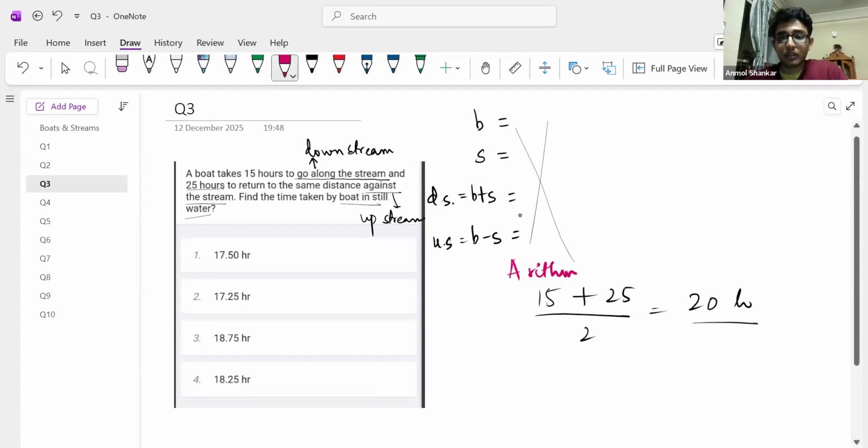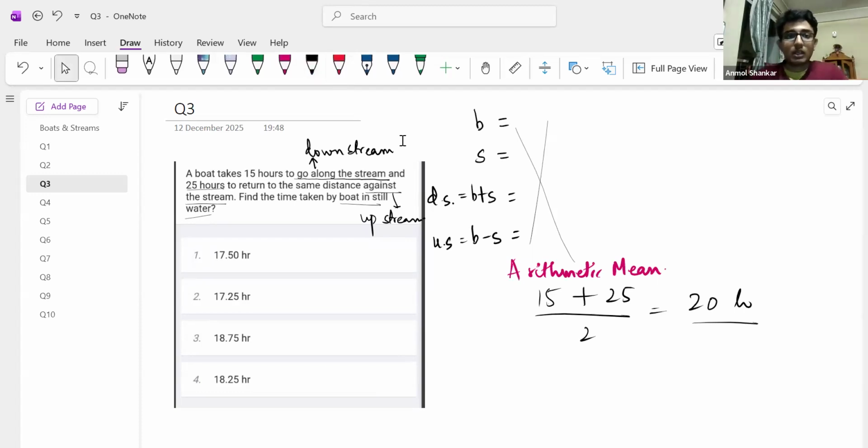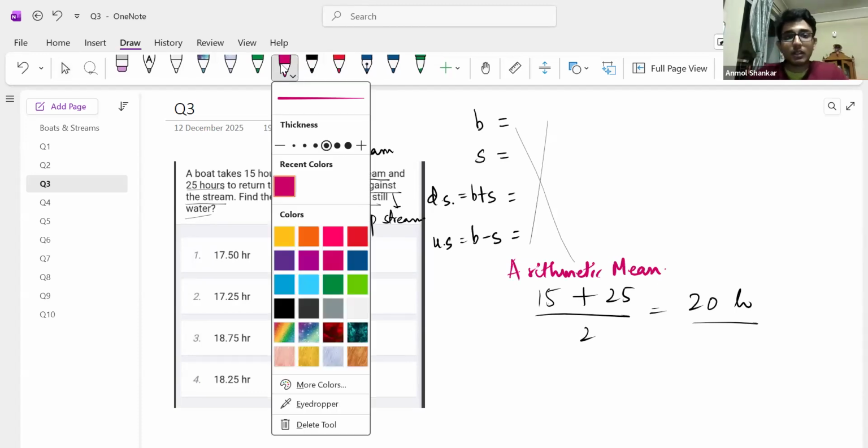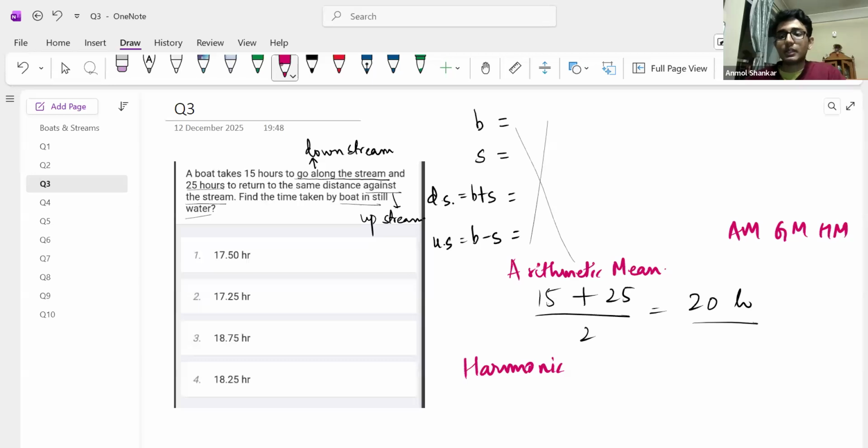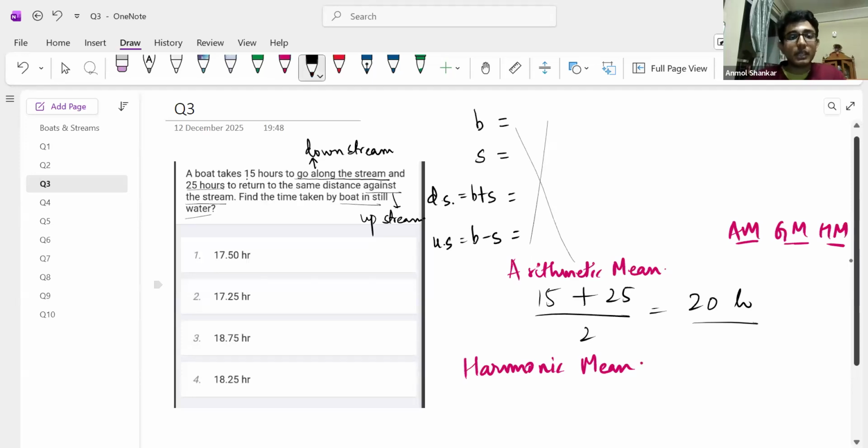But it is not the arithmetic mean, it is the harmonic mean which is the correct answer. We have AM, GM, HM: arithmetic mean, geometric mean, harmonic mean. These are three means. Usually we mainly use arithmetic mean, sometimes geometric mean, and harmonic mean very rarely. But this is one question where it is the harmonic mean of these two numbers. The harmonic mean of 15 and 25 is the answer.